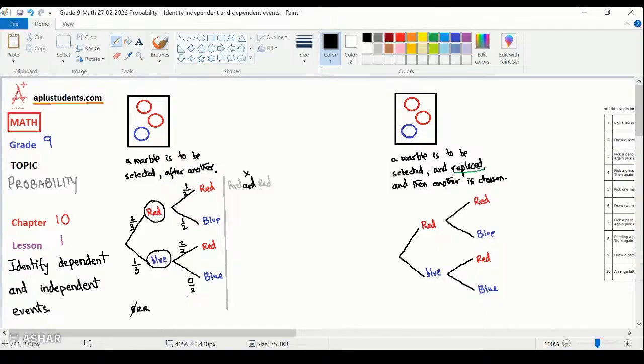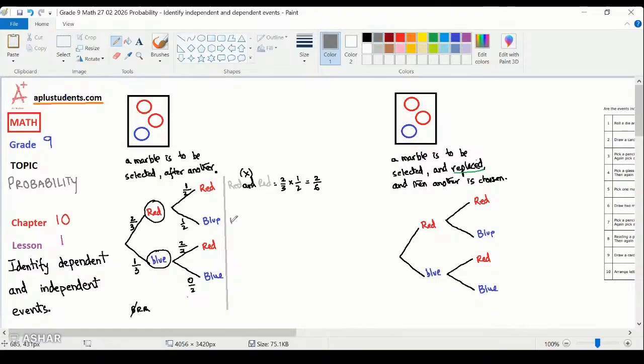That means first is red and the second one is red. When we multiply them, the answer comes out to be 2 out of 6. The probability is that if you do this experiment 6 times, 2 times there is a chance that both of them would be red.